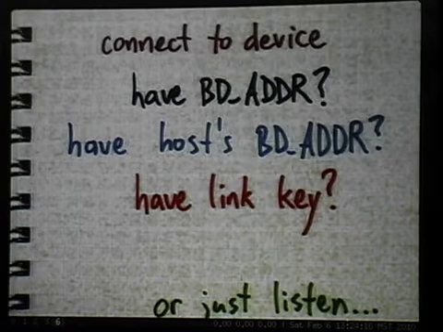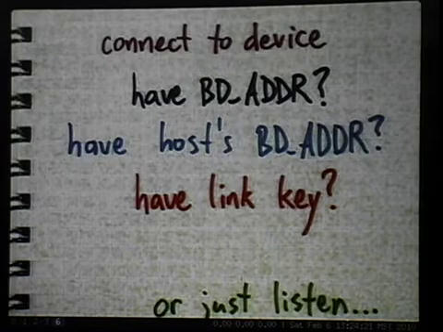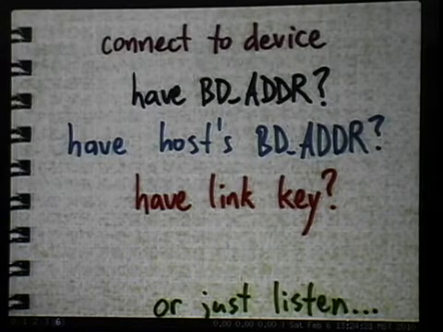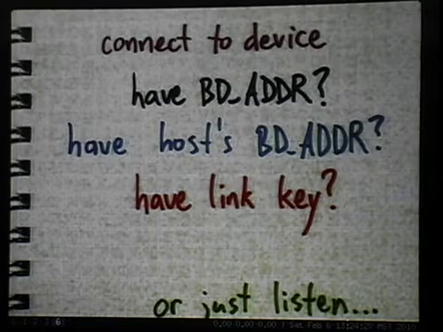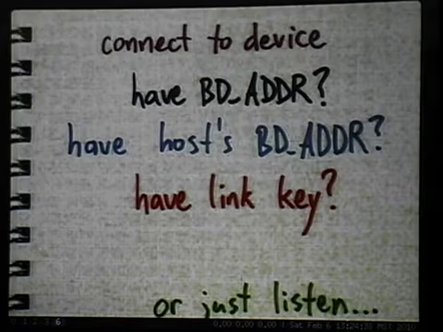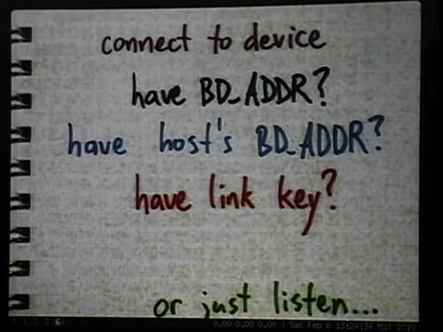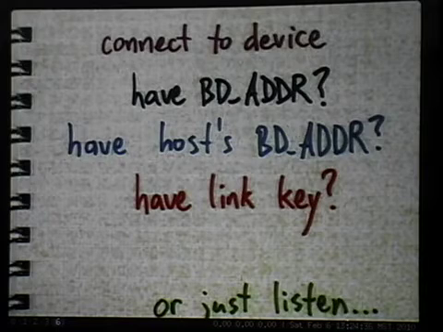And if you also have a third thing, the link key that's shared between the host and the device, then you can really do a good job of spoofing, even participating in authentication and encryption with that keyboard, just like you're the legitimate host. So those are three things that might be nice to find.